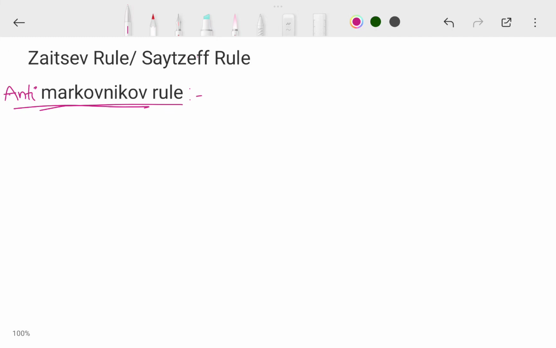Anti-Markovnikov rule is against the Markovnikov rule.